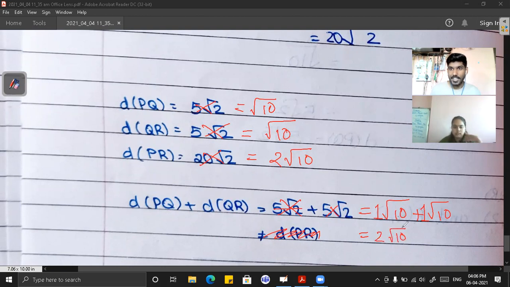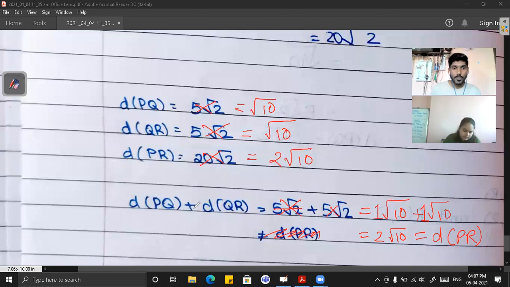You don't add the number that is inside the root. You add the number which is in front of the root. Okay, so here nothing means it is 1. And then 1 plus 1 will give you 2 root 10, which is same as distance PR. Yes or no? Yes. So it is satisfying the property.